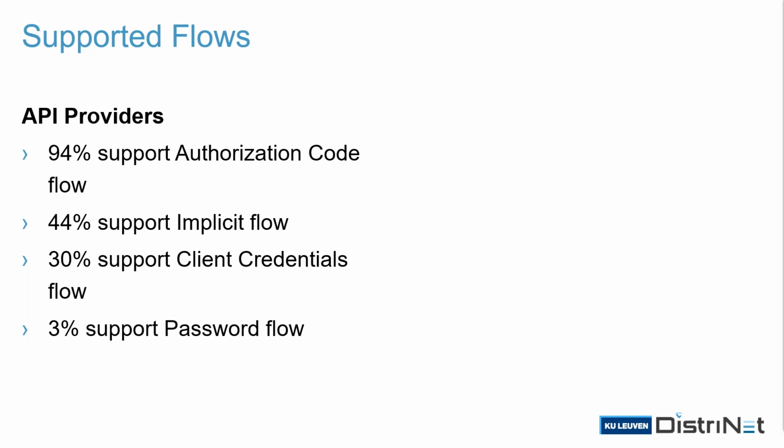So this is, in fact, an underestimate, because we did find additional sites that offered password flow access. But it was more difficult to get a client ID for these sites, for example, because you had to be a paying customer. So these sites weren't included in the analysis, but so the 3% is probably an underestimate.